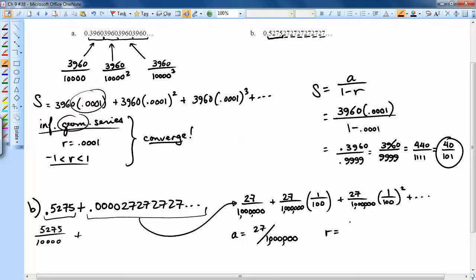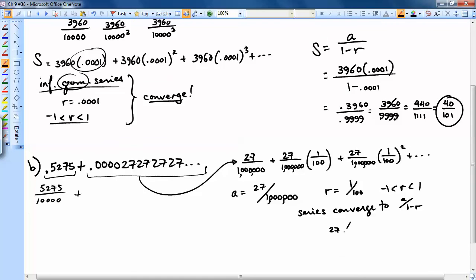The ratio is 1 over 100, and that's between negative 1 and 1. And it's a geometric series, so we know the series has to converge. And it has to converge to A over 1 minus R. So A is 27 over a million. And 1 minus R is 1 minus 1 over 100. And let me type that in and see what that equals.